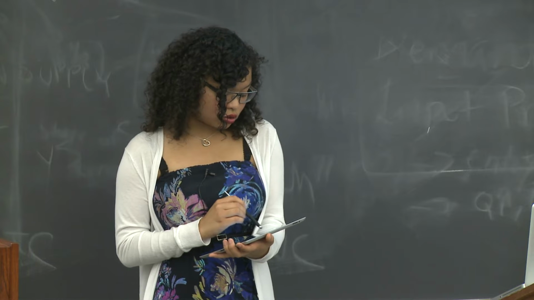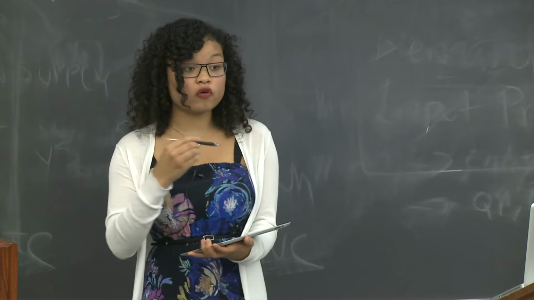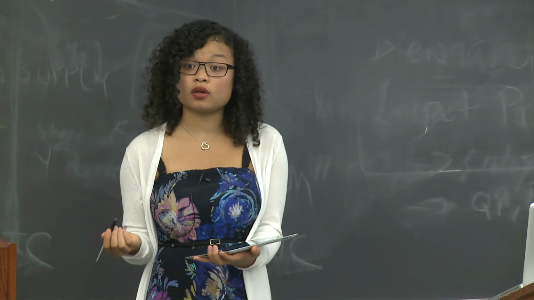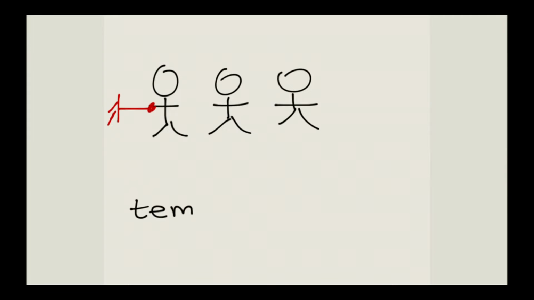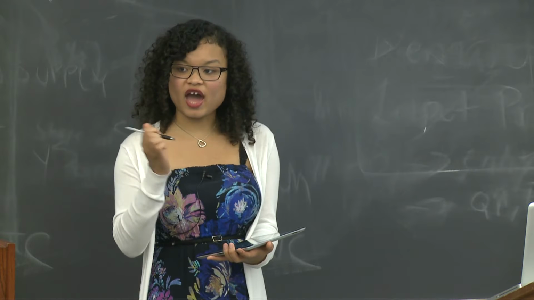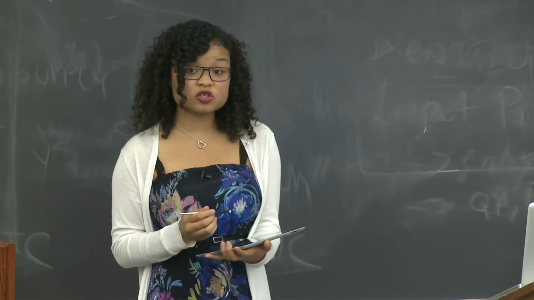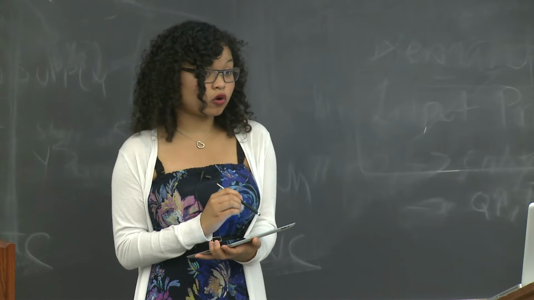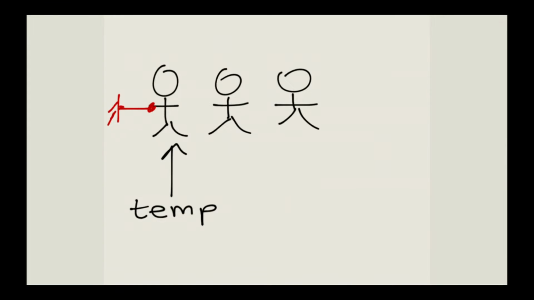So what you might want to do when you free a list, if you want to free the first element first, is have a temporary pointer that points to whatever the first element is. So you have your temporary pointer pointing here. That way we have a hold of the first node. And then since we know that the first node is going to be freed, we can move this rope, this anchor, our head, to actually point to whatever the first one is pointing to.